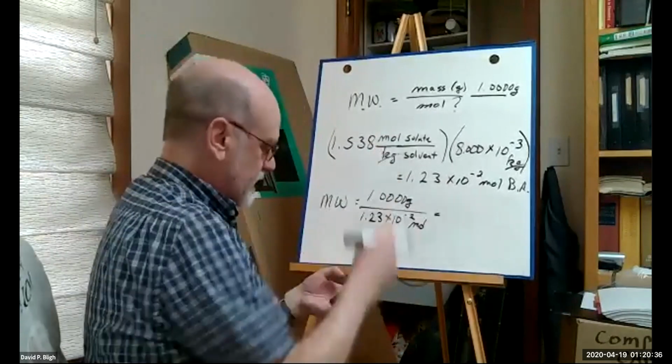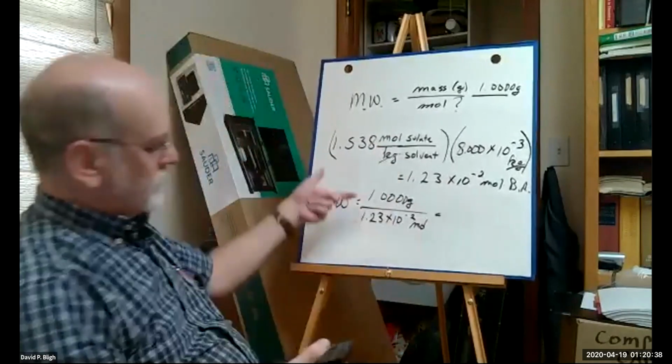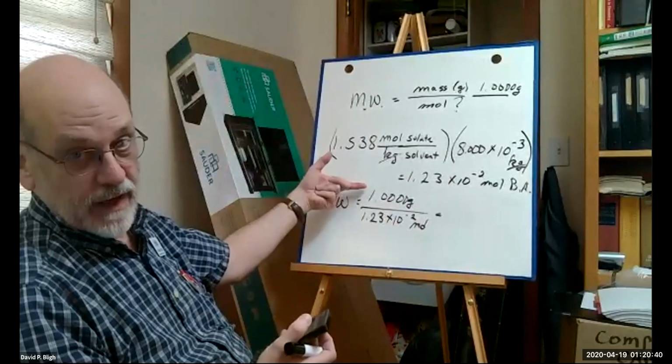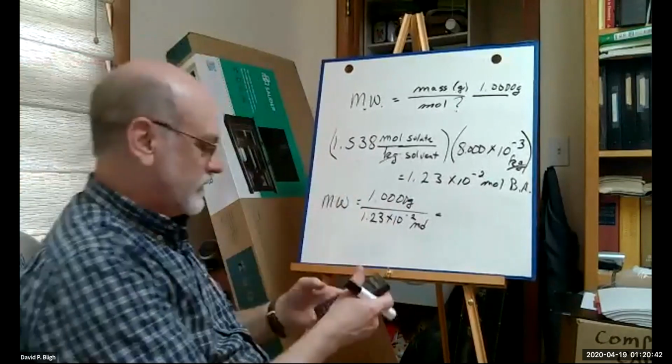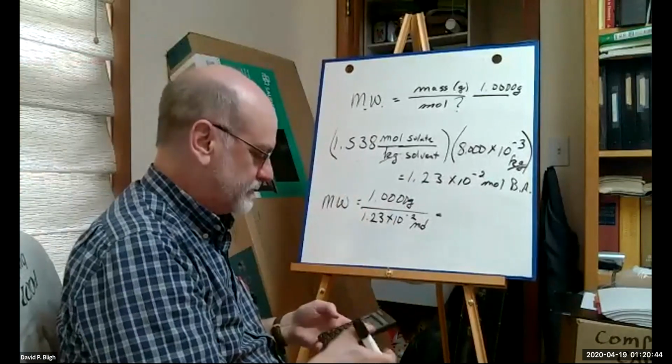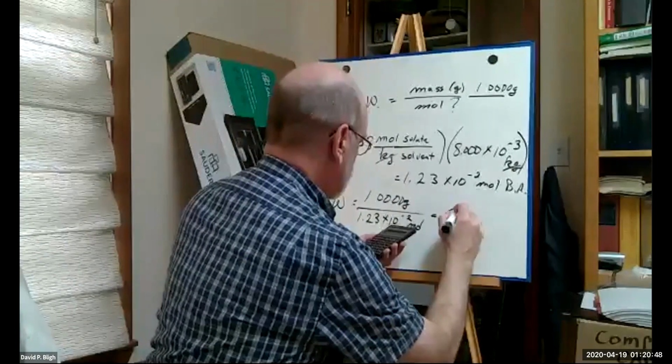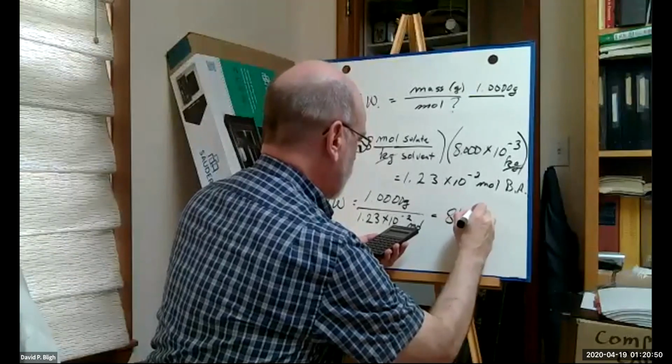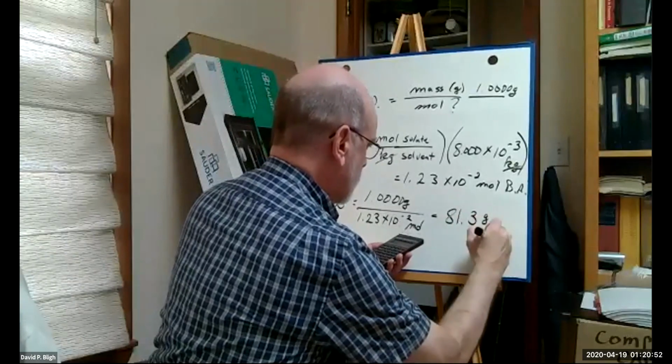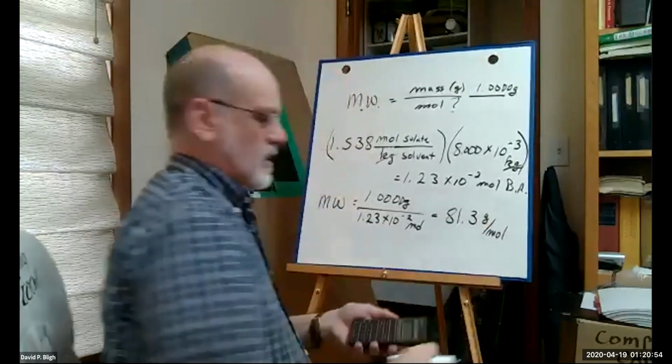So we'll divide this into 1, which is what? The inverse, right? 1 divided by the number. So I just hit the inverse key. And that's 81.3 grams per mole. Whoa.